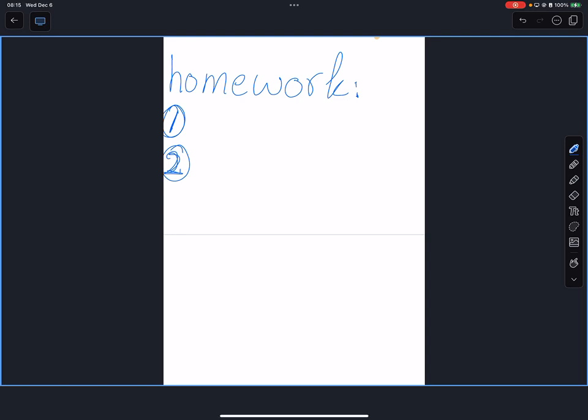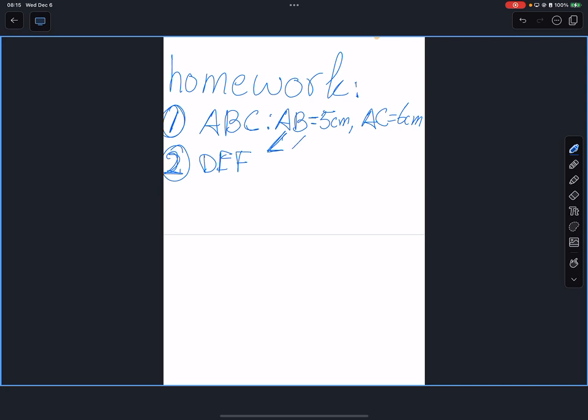Two triangles. Make all of them the same. AB 5 centimeters. AC 6 centimeters. Angle of A 150 degrees.